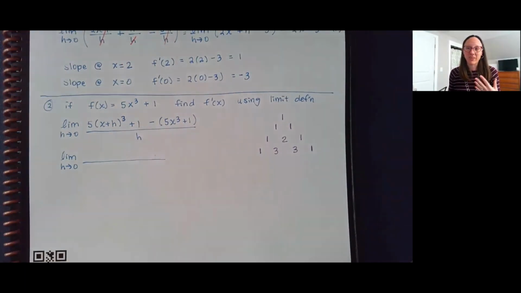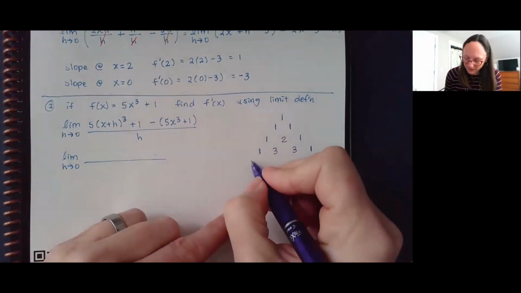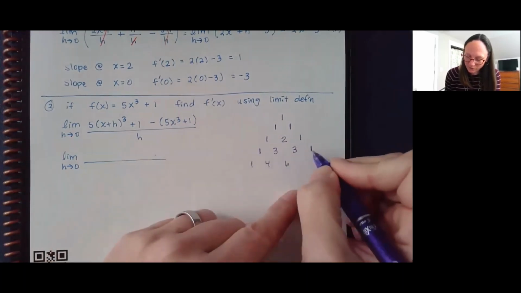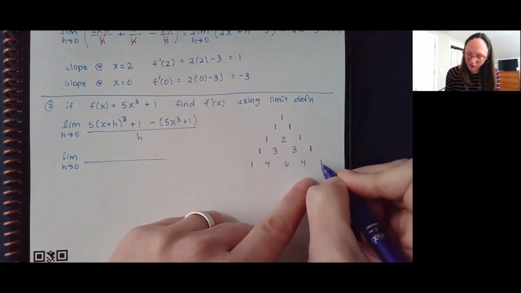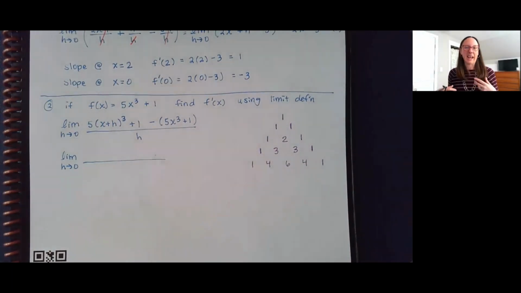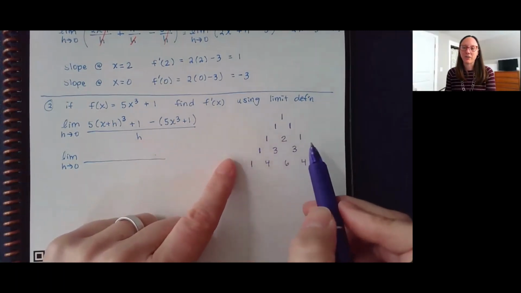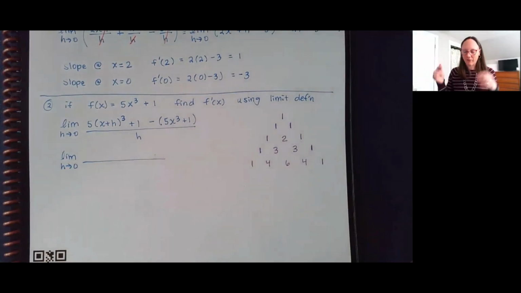And you can keep going and keep doing this. 3 plus 1 is 4. 3 plus 3 is 6. 3 plus 1 is 4, and I'd have a 1 on the outside. And we can continue this pattern. What this tells me is the coefficient of the terms when I multiply everything out.